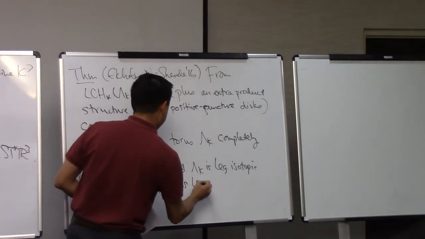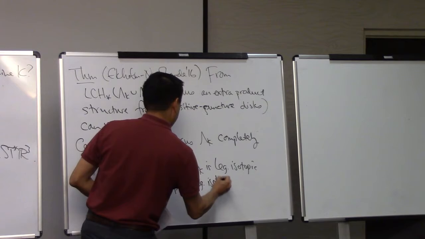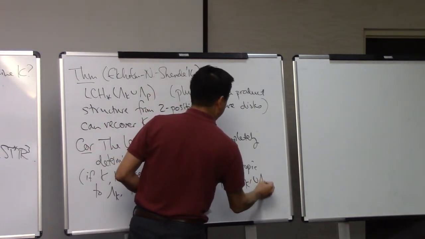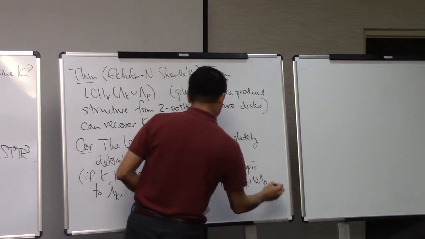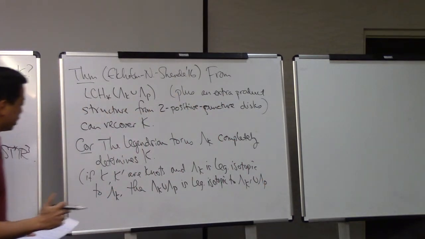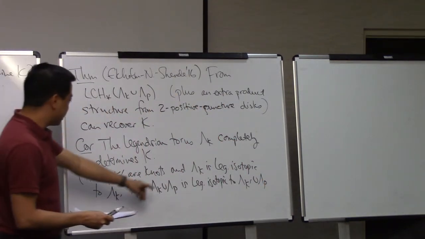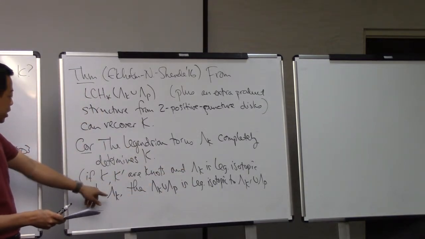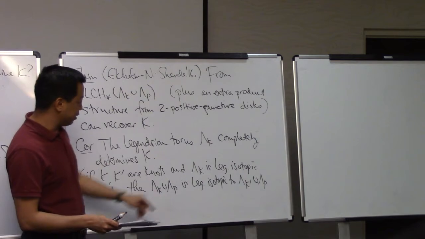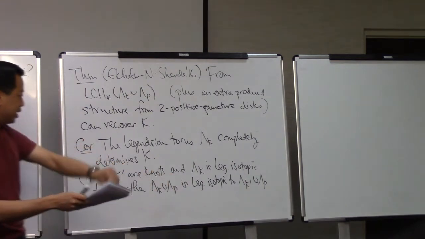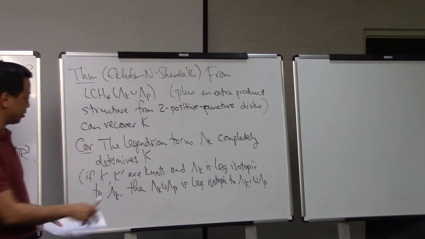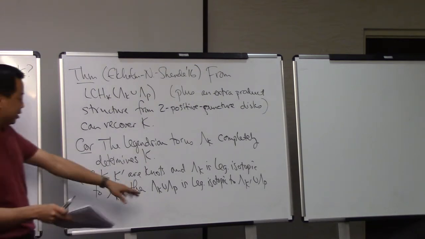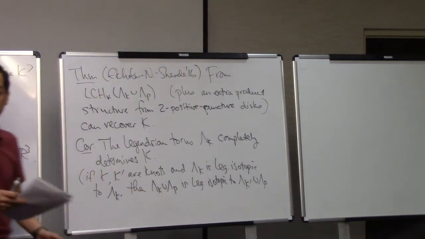Lambda K union lambda P is Legendrian isotopic to lambda K prime union lambda P. Why is that? Whatever the isotopy is that takes you from here to there, it has compact support inside of R3. So just pick P to be outside of that compact support. Since R3 is not compact, you can just pick something that lies away from there, and then it's never touched by this isotopy, so you might as well just throw it in.